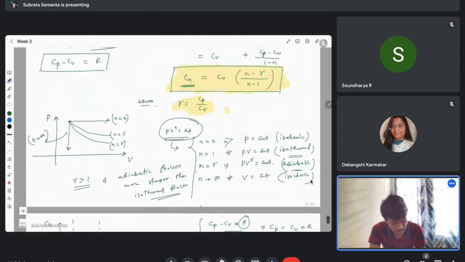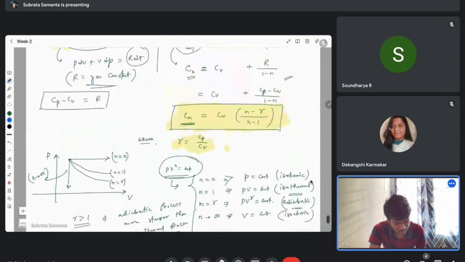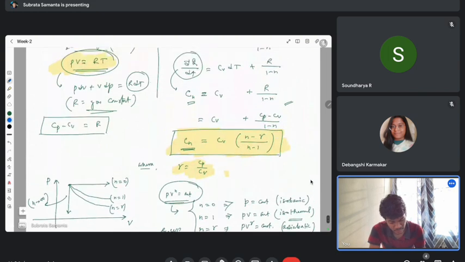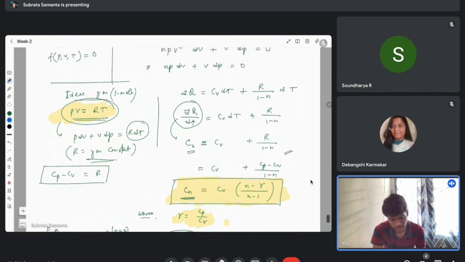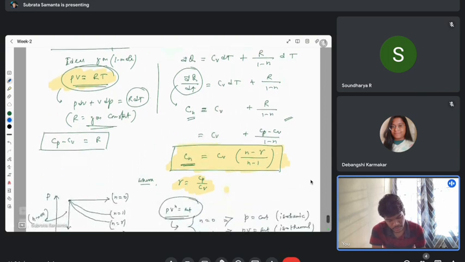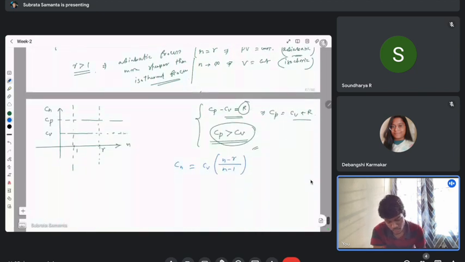It is Cv times (n minus gamma) by (n minus 1). So we are considering ideal gas and a polytropic process: one is the gas equation and another is the process. So we end up with this formula, Cn equals Cv times (n minus gamma) by (n minus 1). Now put n equals 1.